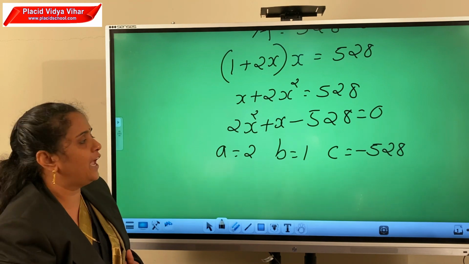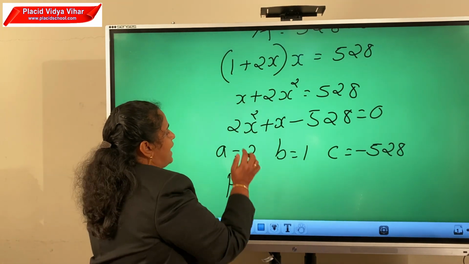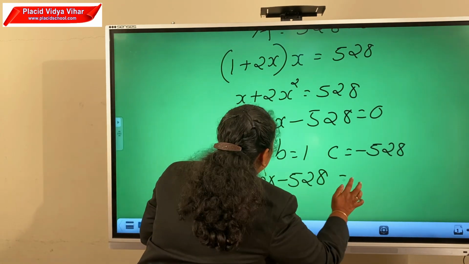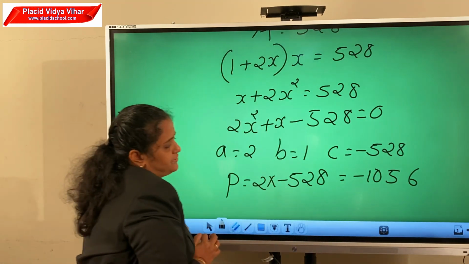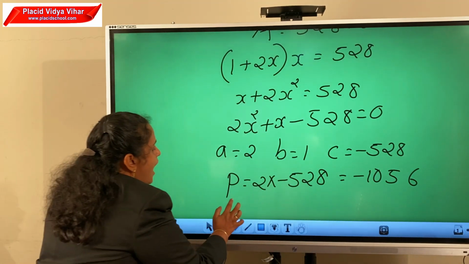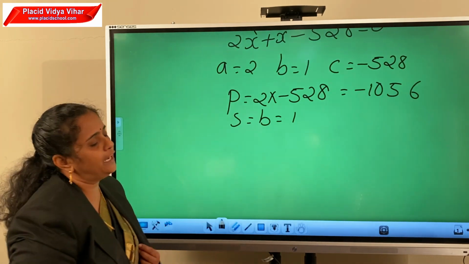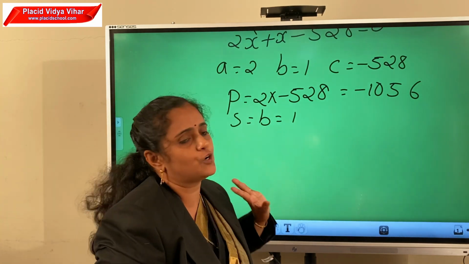The product of the two numbers is a into c. That is, a is equal to 2 and c is minus 528, so the product is equal to minus 1056, and the sum is equal to b, which is 1. The product of the two numbers is minus 1056 and the sum is equal to 1.